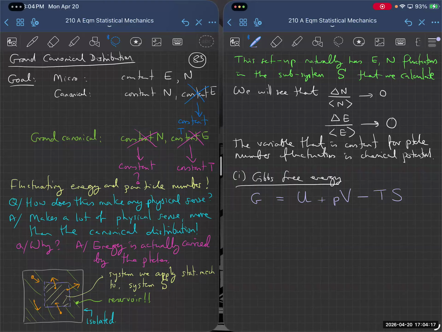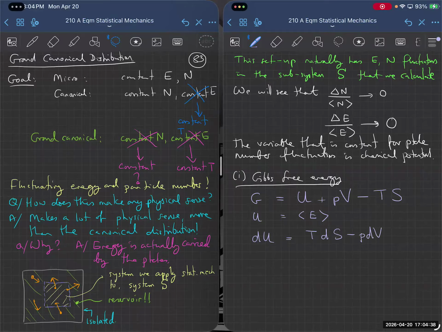And again, U we know has a statistical mechanical interpretation as the expectation value of energy. Now, if I write down what is dU, then that is going to be defined like this. dU is TdS minus PdV.